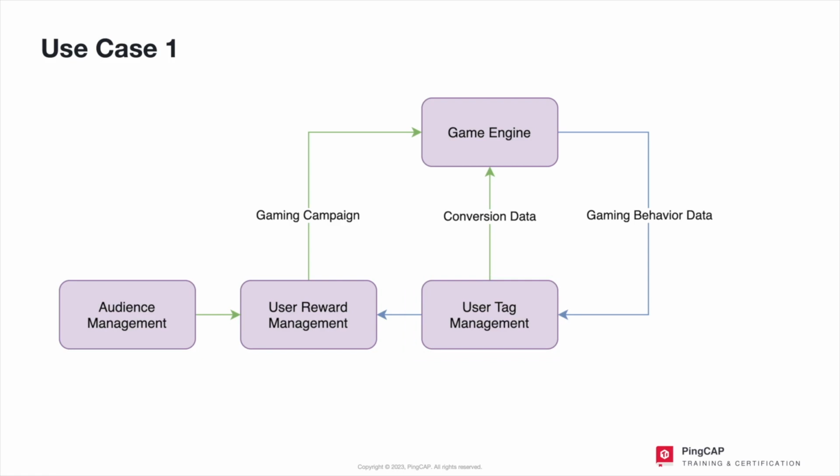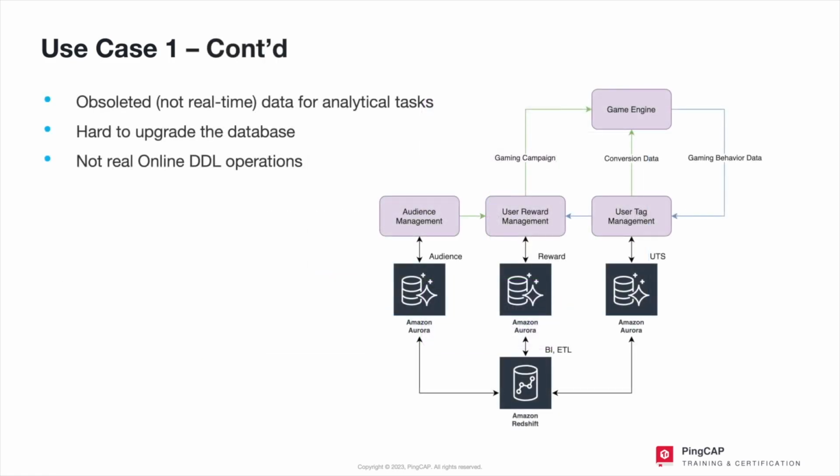Let's take a look at how they've arranged their databases. This gaming company was using Amazon Aurora and Amazon Redshift to store their data. We called out this situation previously. It takes multiple database systems, not just database instances, to handle OLTP and OLAP. Remember, this increases expense and makes it difficult to manage because you must learn multiple database environments.